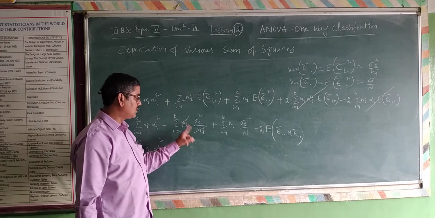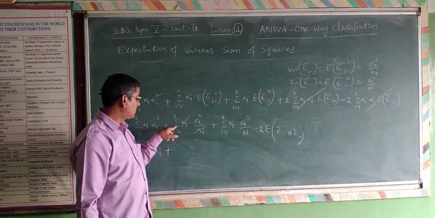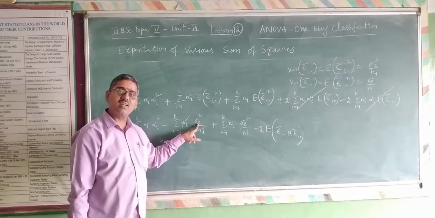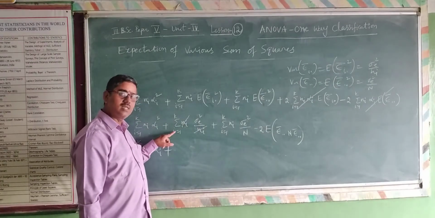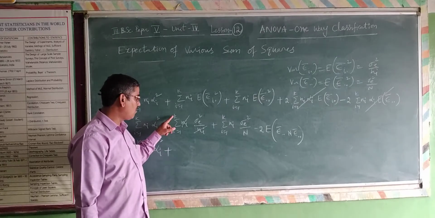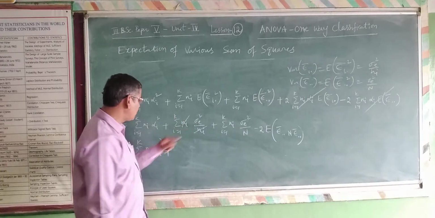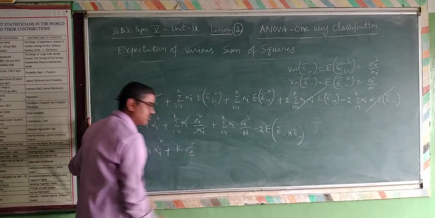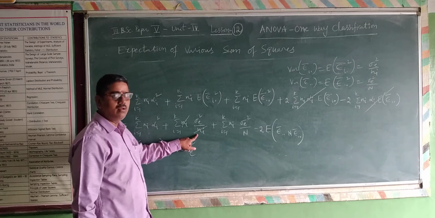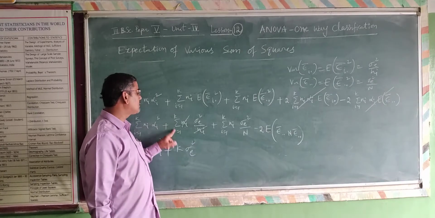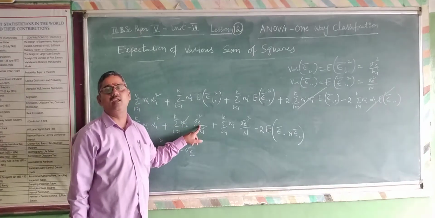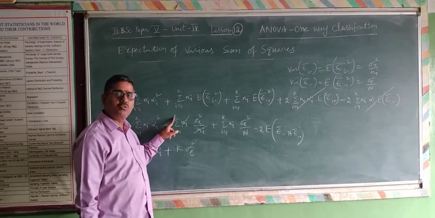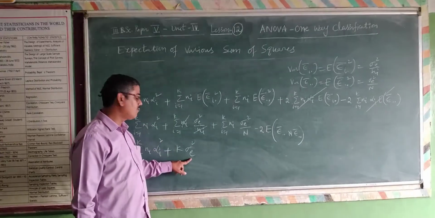So hence I am cancelling the terms Ni. And summation i equals 1 to k of sigma square E. Since sigma square E is a constant and does not depend on i, and the summation has k terms, it is k into sigma square E. Do you understand this? Ni was cancelled, and then we have only summation i equals 1 to k of sigma square E, which is k into sigma square E.